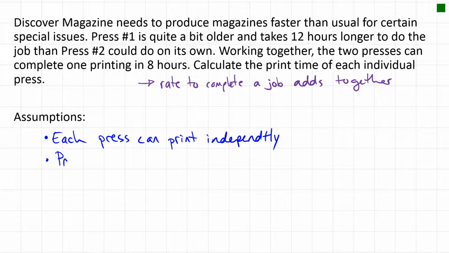And the presses can run as long as they need to, so they don't overheat or need to shut down, or jam and need to be repaired. So we're assuming that these presses work perfectly, even though one might be slower, without those sorts of hiccups.